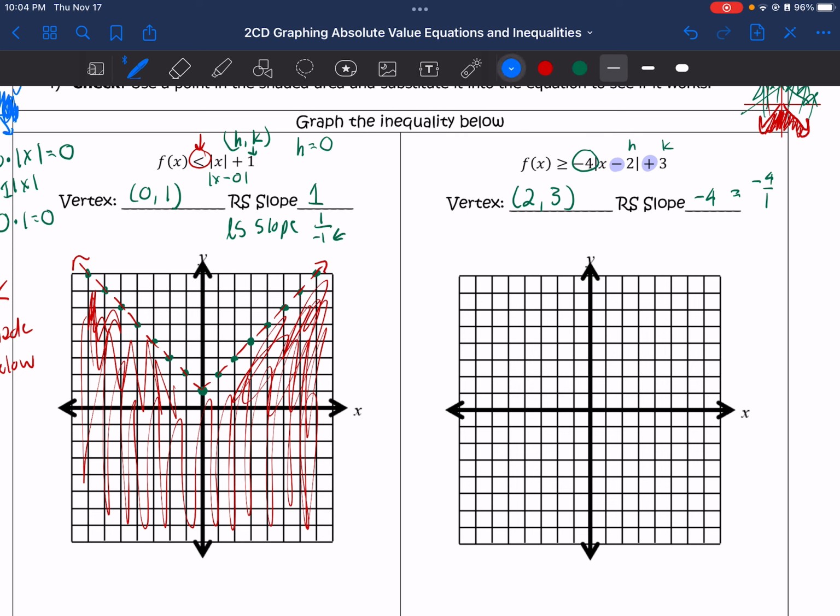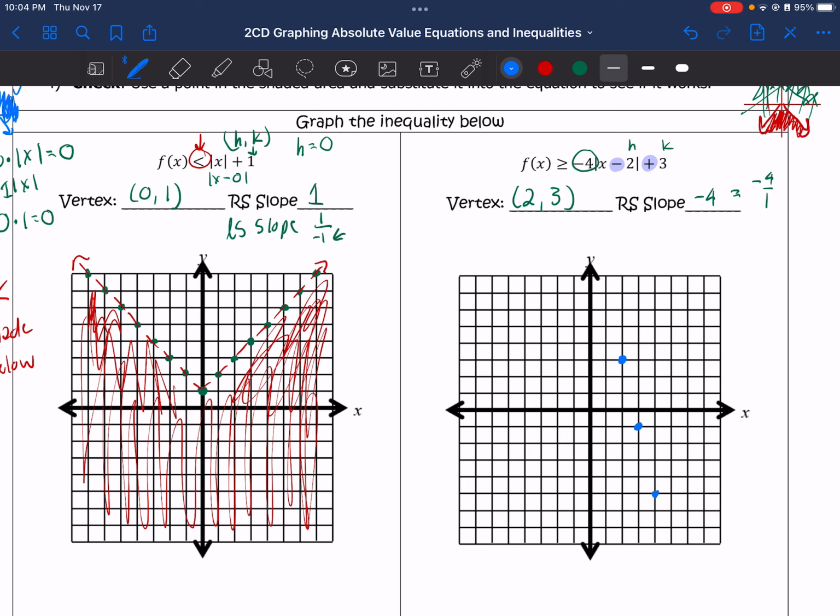So let's plot that point. Now we're going to use our right side slope to find the right side of our absolute value. We're going to go down 4, right 1: 1, 2, 3, 4, and right 1, right here. We're going to do the same thing again, 1, 2, 3, 4, and right 1.